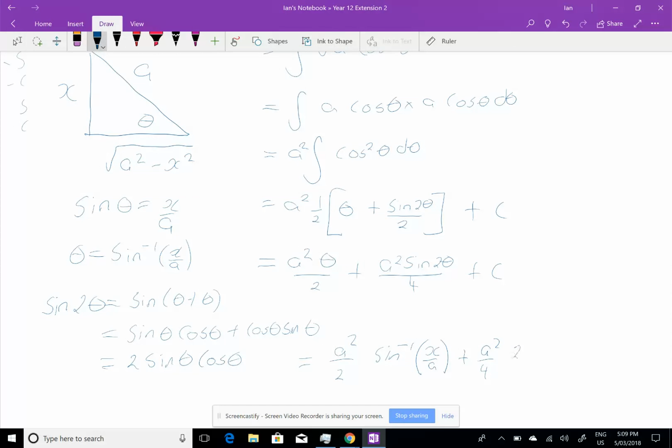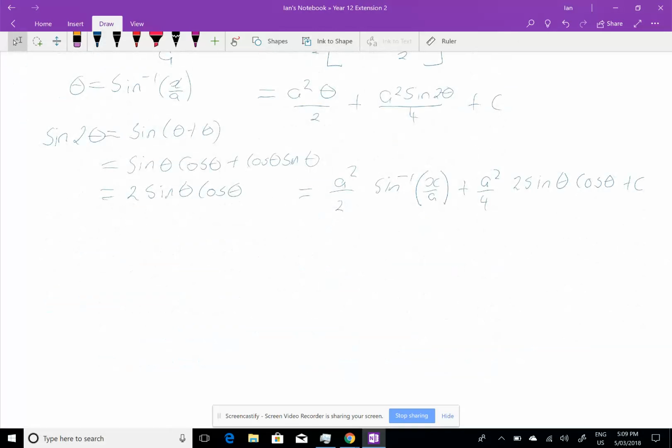Well, that's 2 sine theta cos theta, and we've still got this constant. So we get equals a squared on 2 inverse sine x on a. We're not going to be doing anything with that, because we already got that in the x's, which is what we want. It's not equals, it's plus.